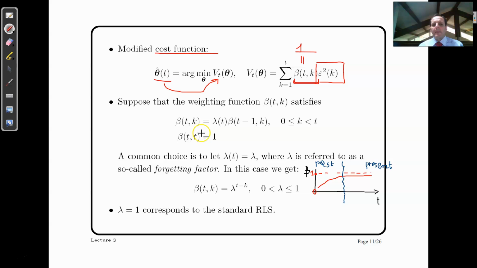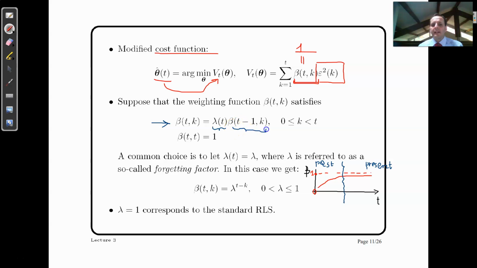In a mathematical representation, the dynamics of this cost function is obtained by considering a difference equation. Beta is multiplied by a factor lambda, this is again an adaptive law.